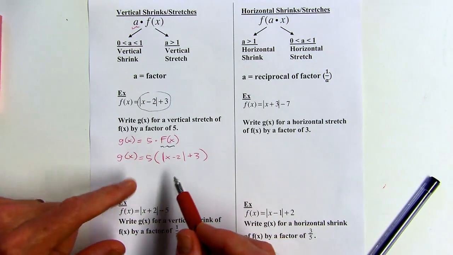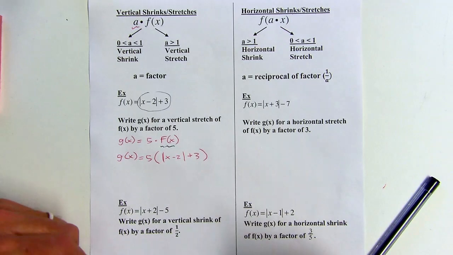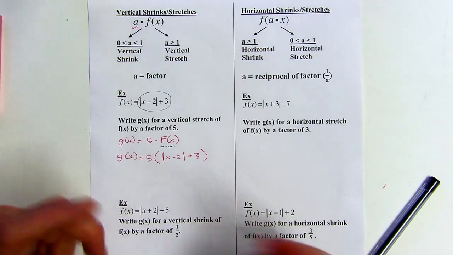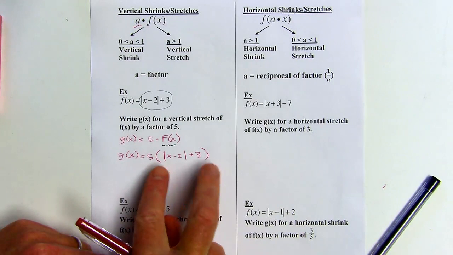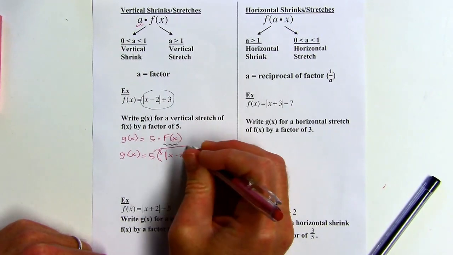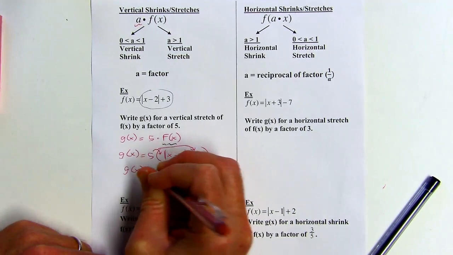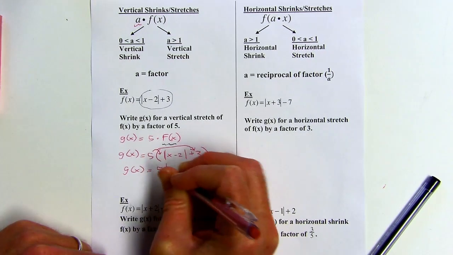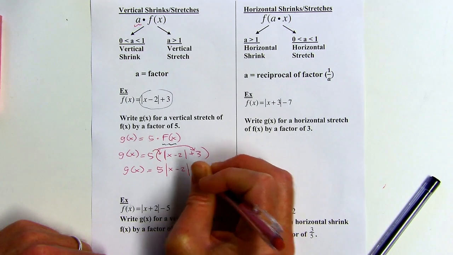I need the parentheses because I'm going to have to distribute this 5. And there's a lot of mistakes that get made with the distributing. Some people just forget to distribute altogether and just leave it like this without the parentheses. But what you want to do is distribute it like this. Okay? So that gives me 5 times the absolute value of x minus 2 plus 15.